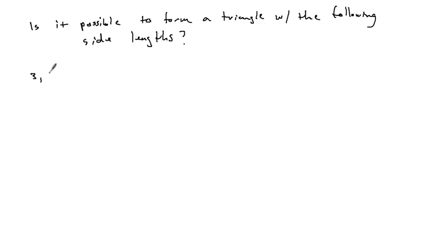So we're going to do 3, 5, and 10. We're going to do 6, 9, and 15. And then we're going to do 5, 10, and 13. Okay, so what we're asking is, can you make a triangle out of sticks or pieces of wood or whatever that has these side lengths? And we're going to draw a little picture to visualize it.